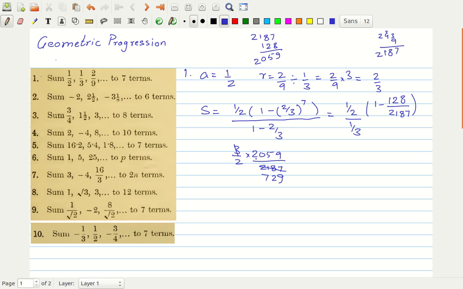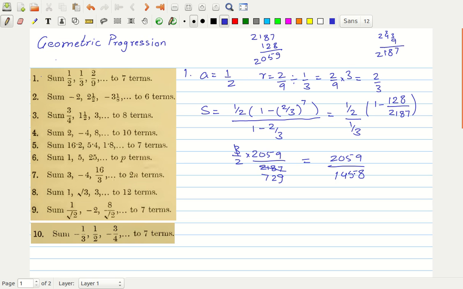I think we will just leave this answer like this, but you get the idea, right. 2059 by 2 times 729 is 1458. So, 2059 by 1458.